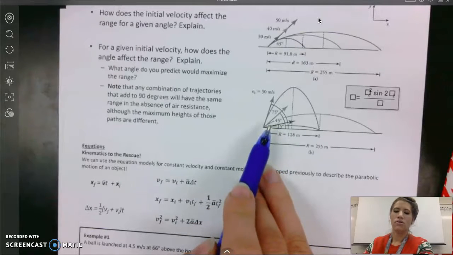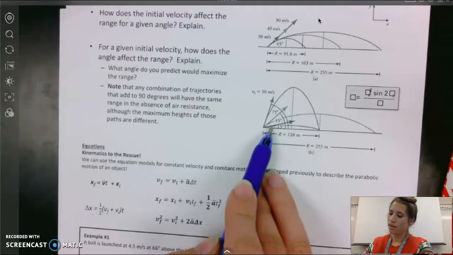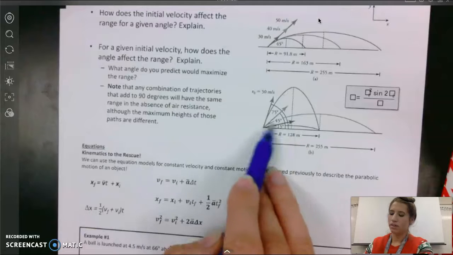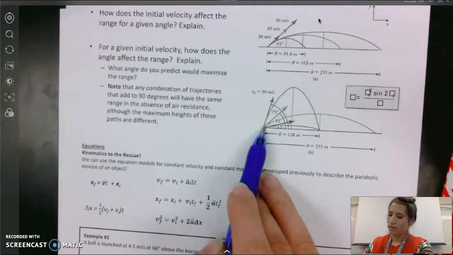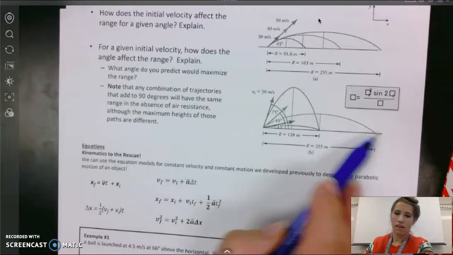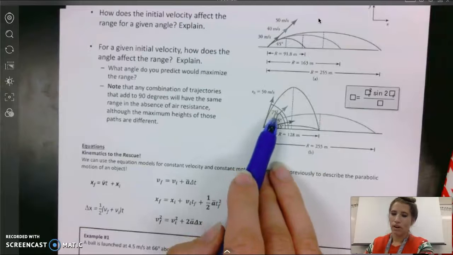It turns out that at shorter angles, we're not going as far, and then we increase, and eventually we get to 45 degrees and we see this maximum distance obtained. And then after we increase beyond 45 degrees, the opposite occurs.